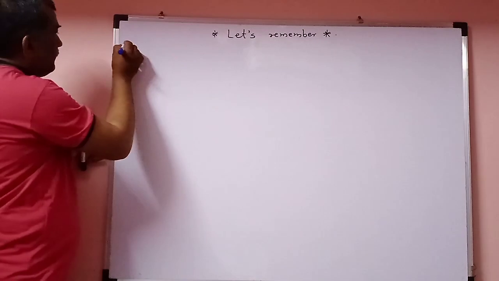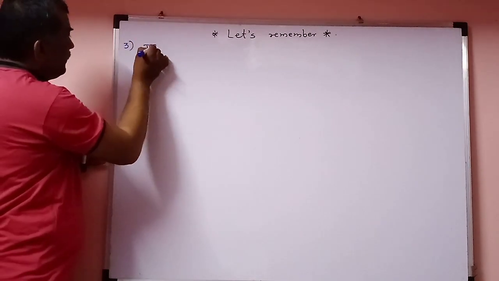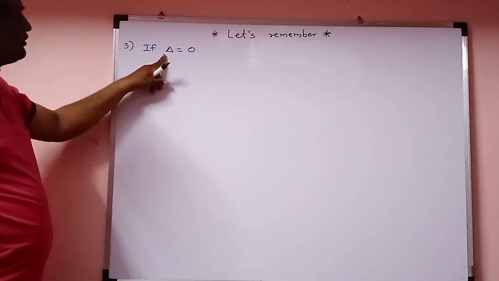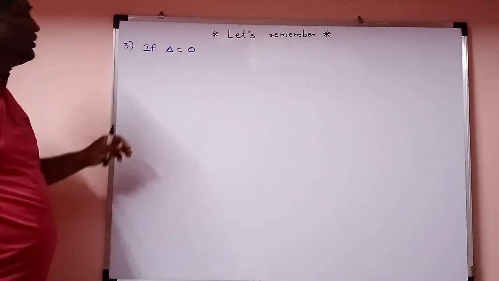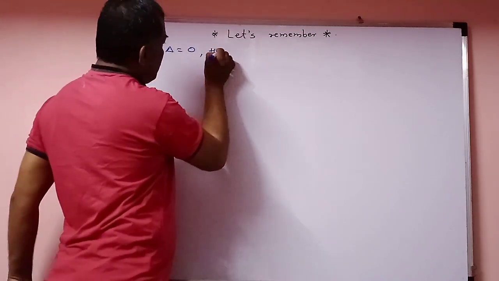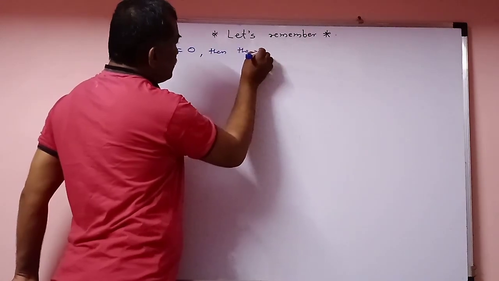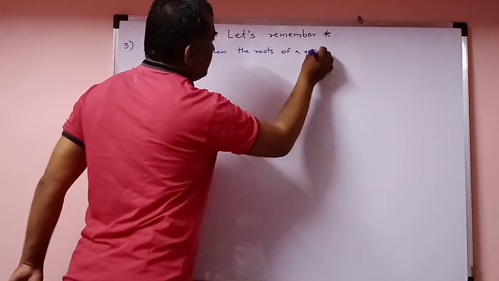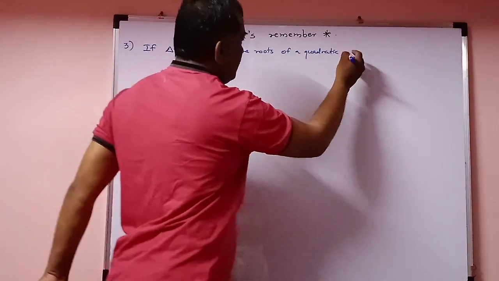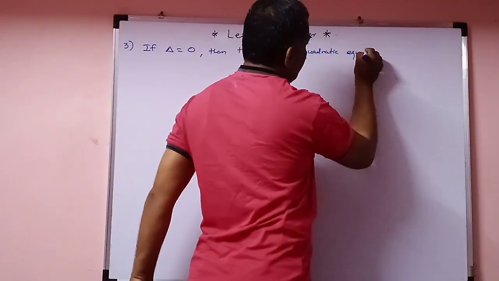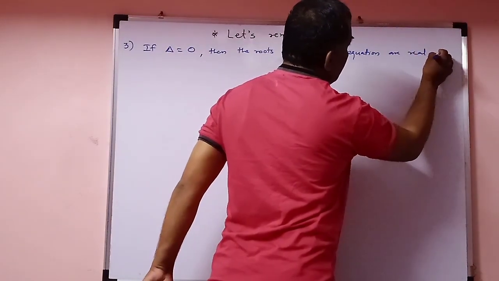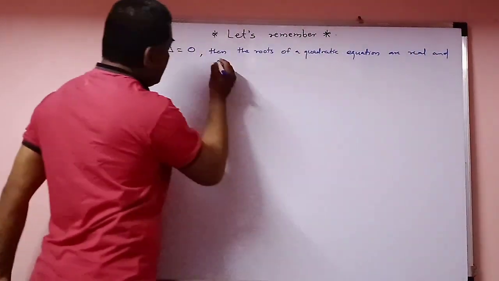Third point, if delta is equal to 0, means the value of b square minus 4ac is equal to 0, then the roots of a quadratic equation are real and equal.